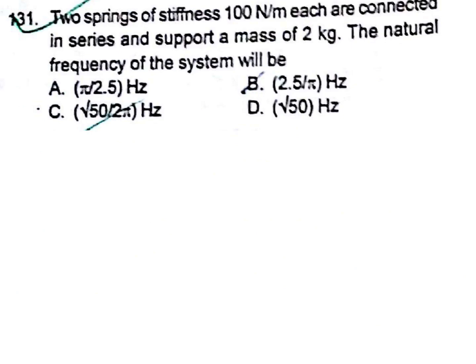Two springs of stiffness 100 Newton per meter each are connected in series and support a mass of 2 kg. The natural frequency of the system will be how much? First we have to calculate the equivalent stiffness. For series it is K1 into K2 divided by K1 plus K2, and for parallel connection K equivalent equals K1 plus K2.